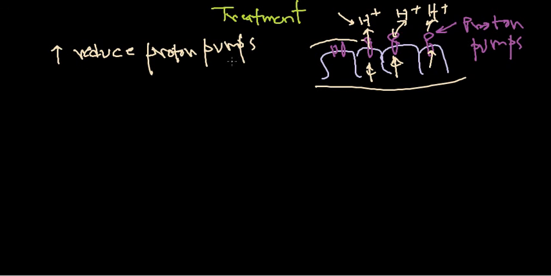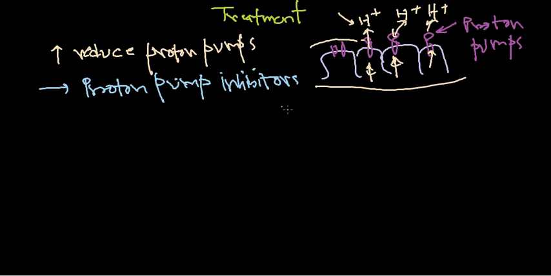So for the treatment of this Helicobacter pylori infection, one way of going about it is to use proton pump inhibitors. Proton pump inhibitors can be used.